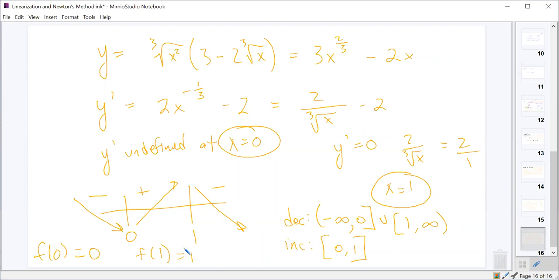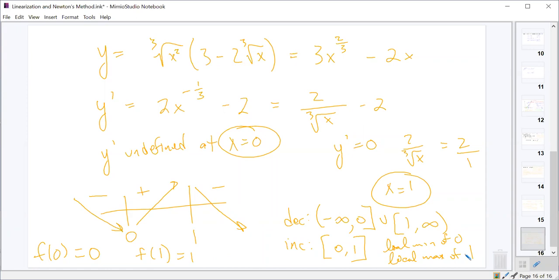So we have a local min of 0 at 0, and a local max of 1. Everybody good so far with the first part of that?